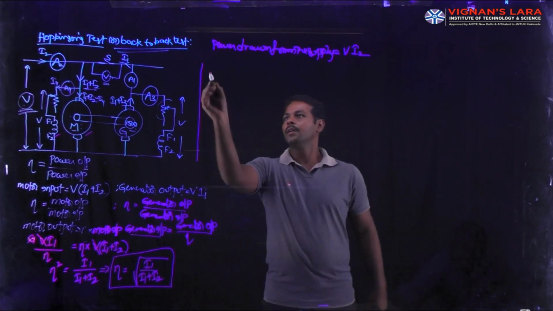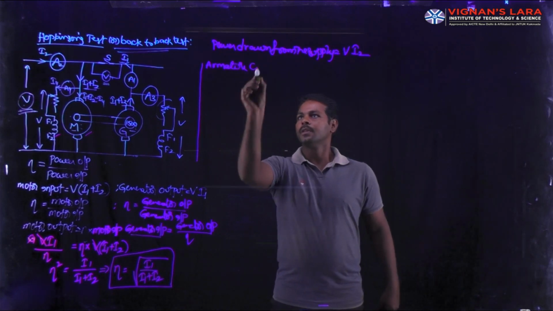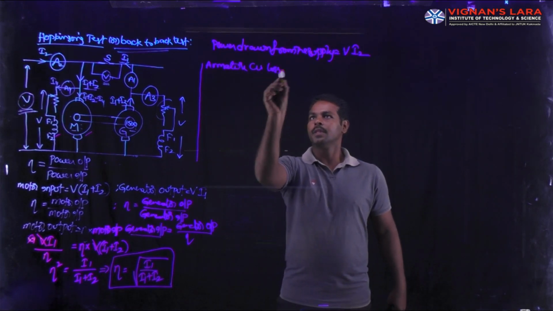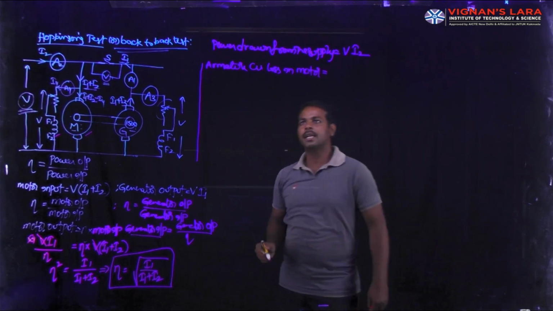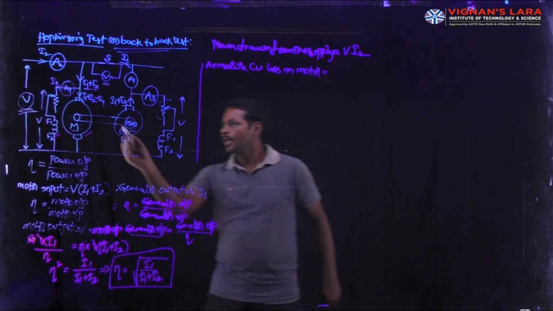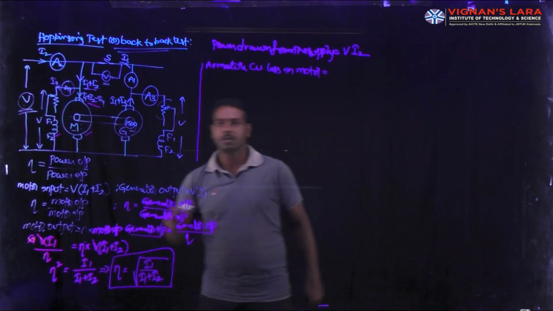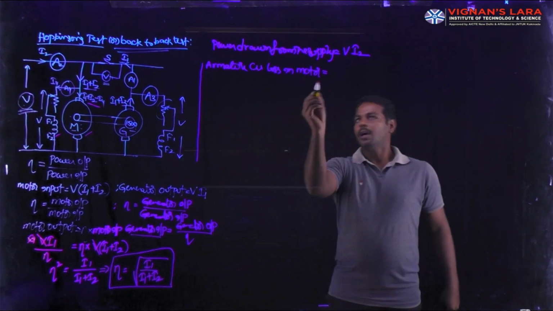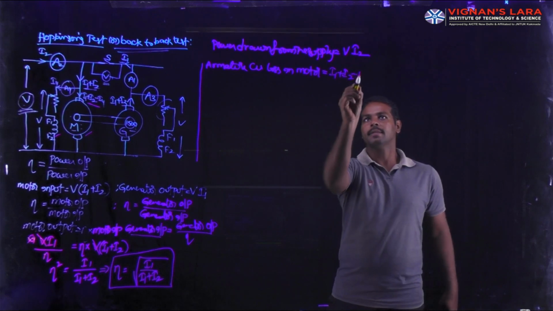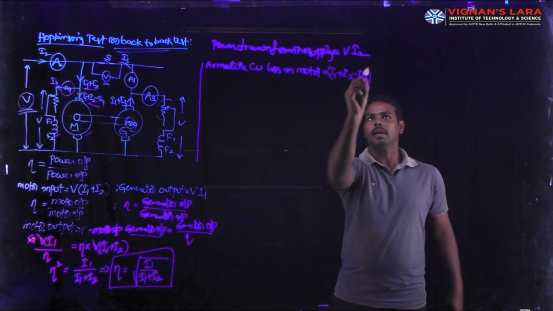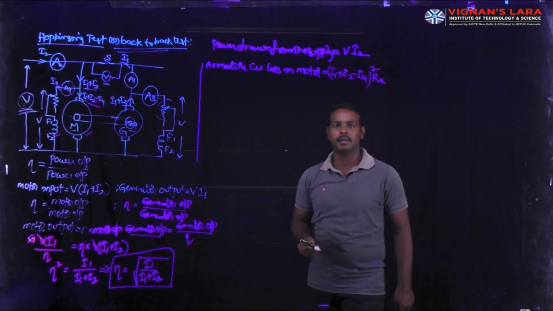First, the armature copper loss in the motor: the current across the armature is I1 plus I2 minus I4, so the loss is (I1 plus I2 minus I4) whole square times RA. These are the armature copper losses in the motor.